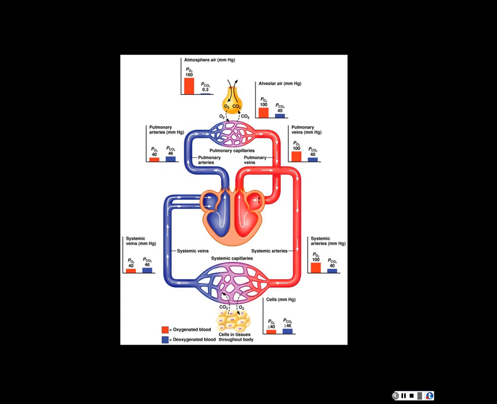Conversely, we know that carbon dioxide has the greatest pressure where? It's in the tissues. Why is the carbon dioxide pressure gradient greatest in the tissues? Why is the pressure of carbon dioxide higher in our tissues than, say, our alveoli or the atmosphere, or anywhere else?